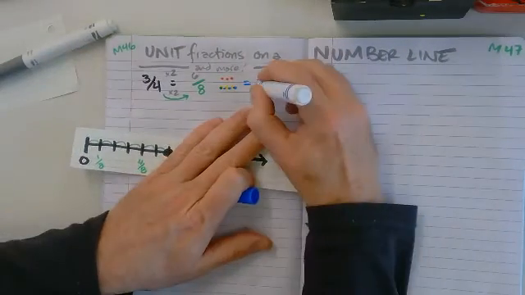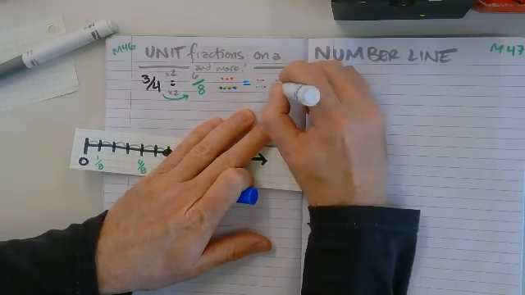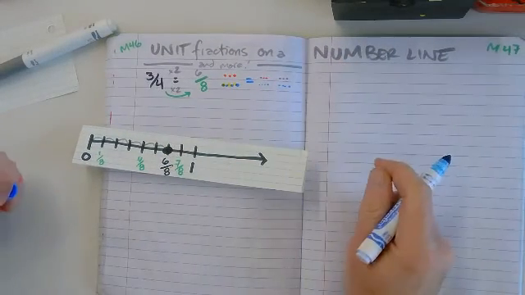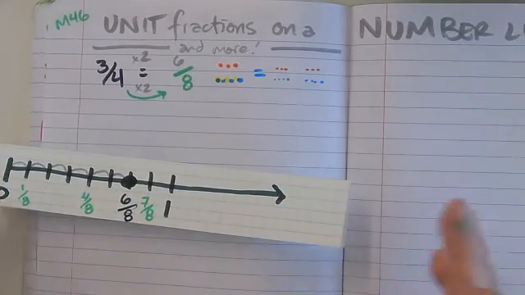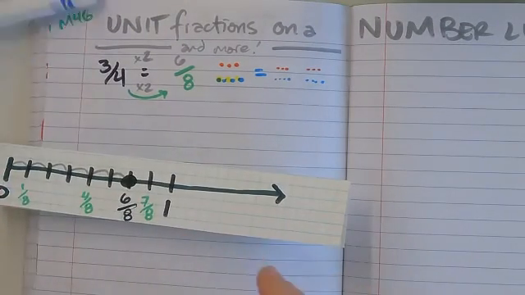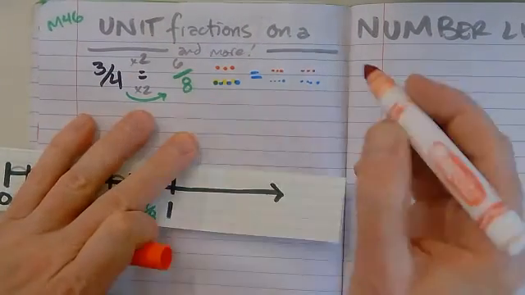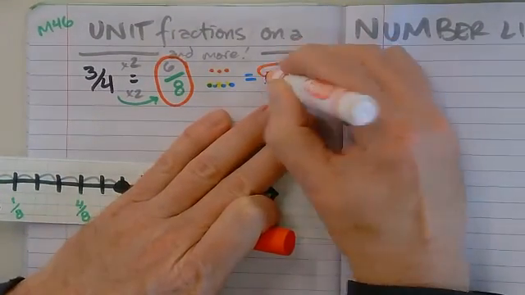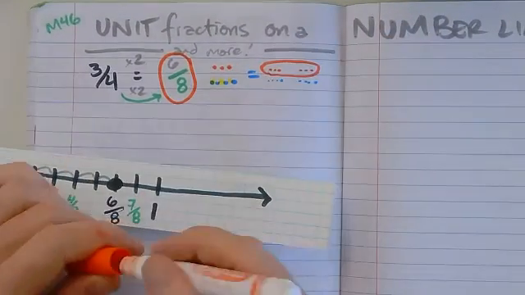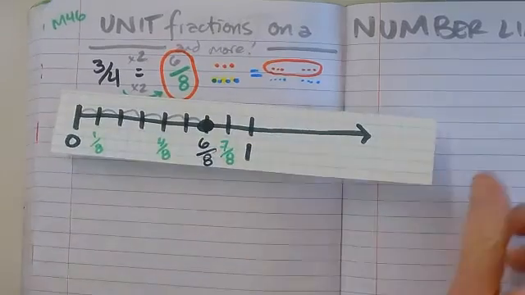And you have to double the bottom too, right? So 1, 2, 3, 4, 5, 6, 7, 8. There you go. Maybe if I zoom in, it makes more sense. So that's one way to represent 3/4 equaling 6 eighths, because there's 6 up here and there's 8 down there.